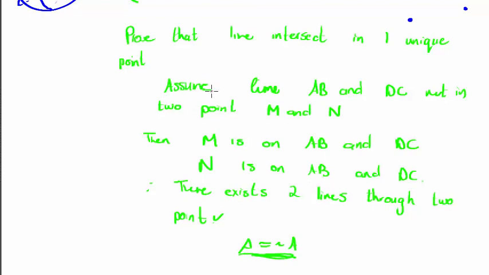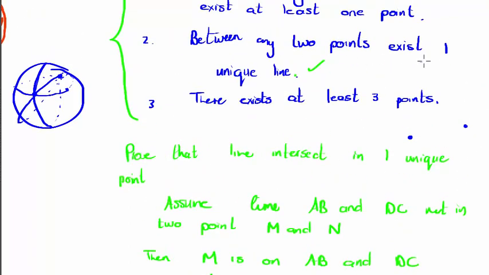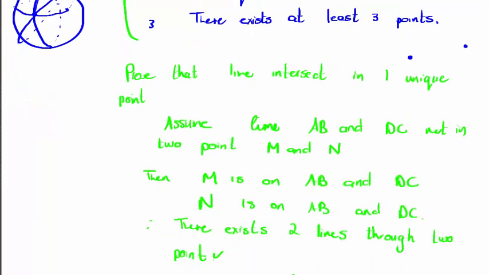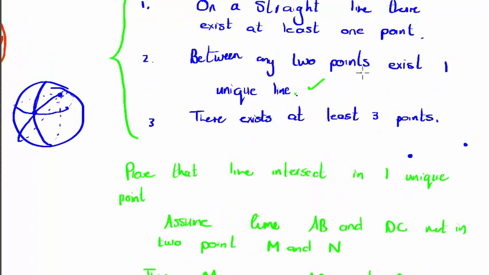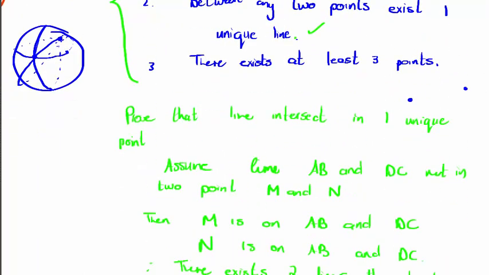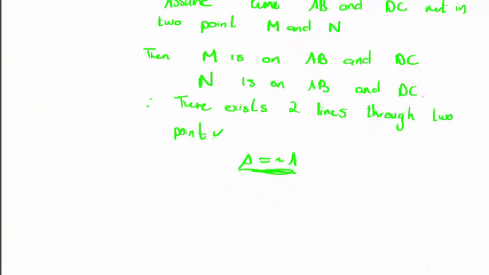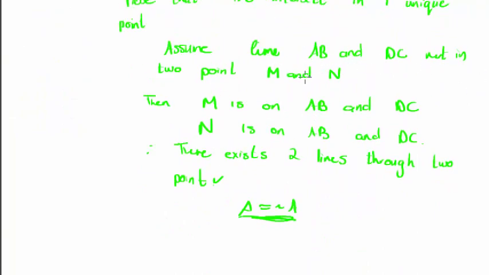Therefore, of the 2 assumptions we made, we either assumed that there is only 1 line through 2 points, or we assumed that there are 2 points where 2 lines cut. One of those assumptions must be wrong, and it must be this one. So if we deny this one, then its opposite must be true.